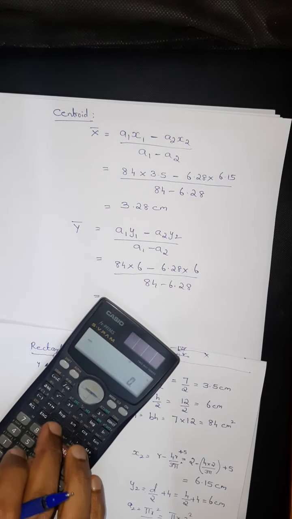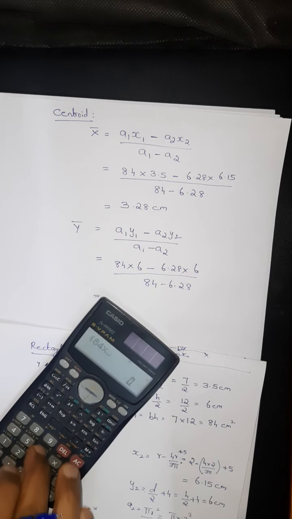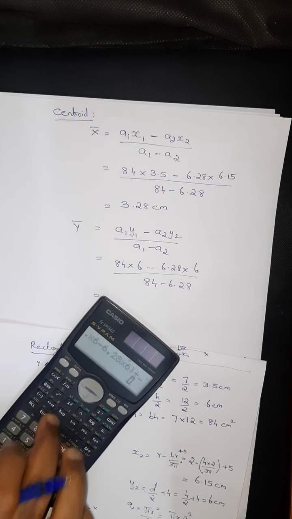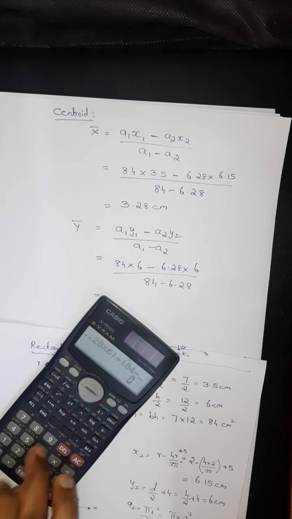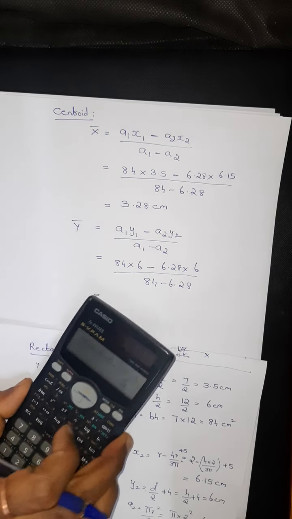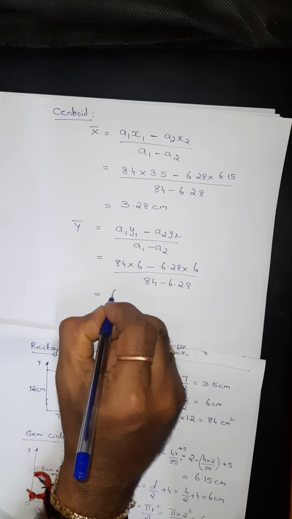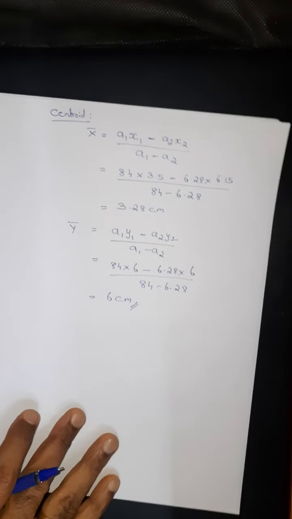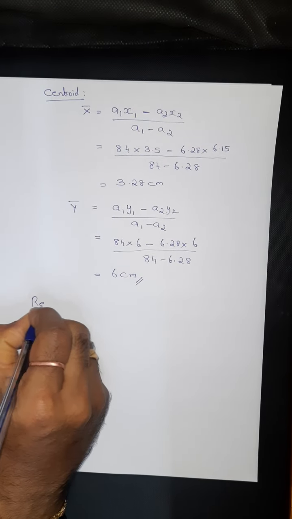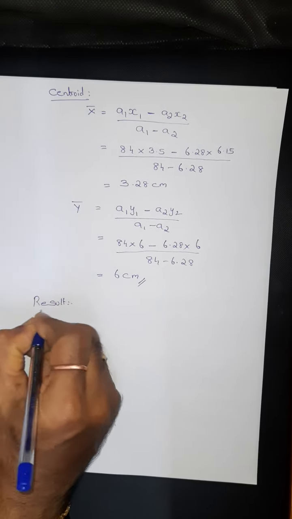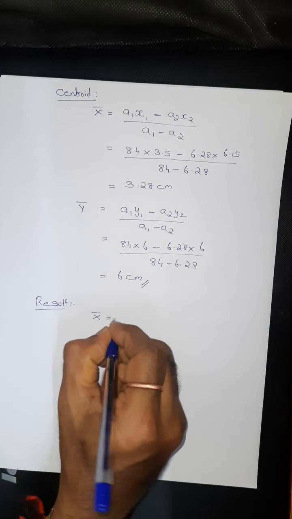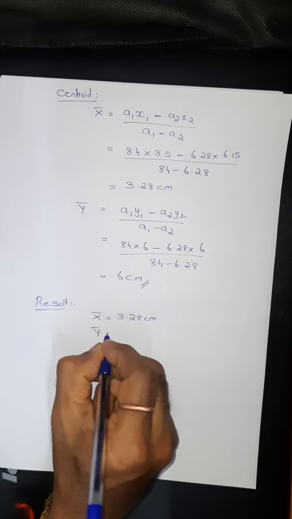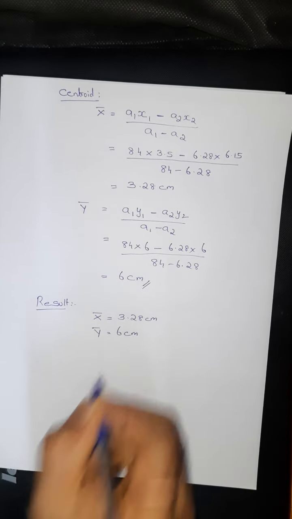Now use your calculator to arrive at the value, which works out to 6 centimeter. At last, you have to write the result. So x bar equals 3.28 centimeter and y bar equals 6 centimeter.